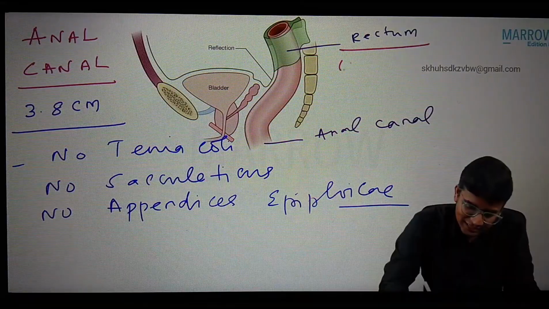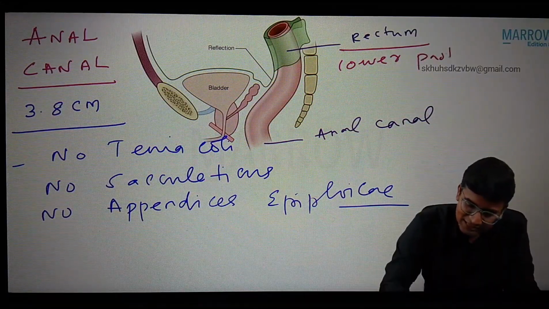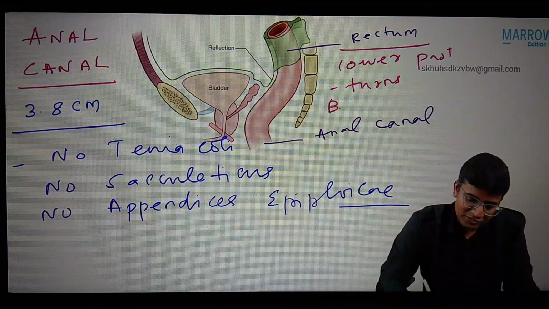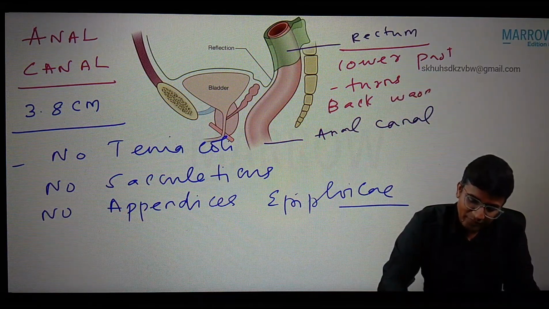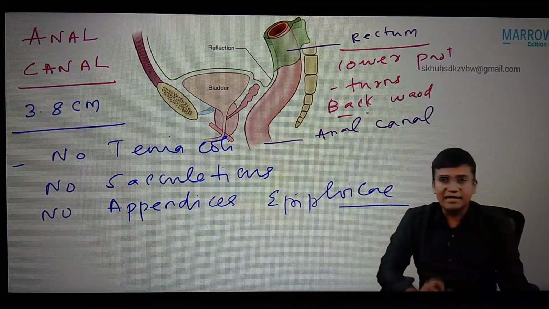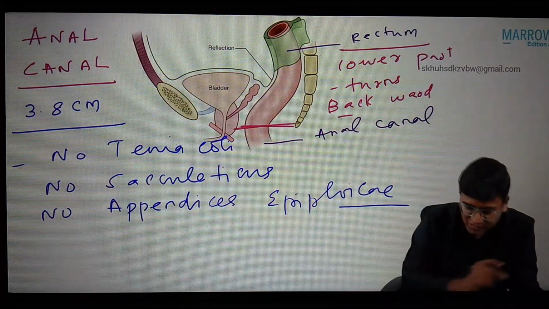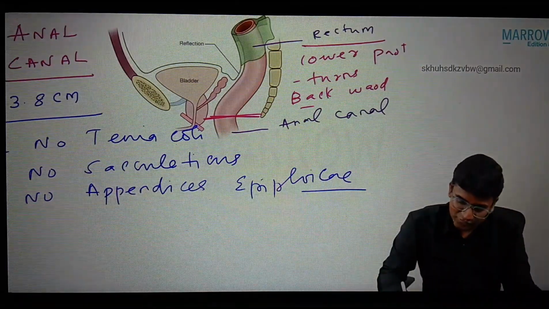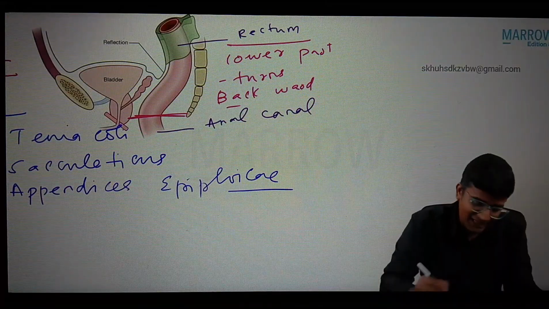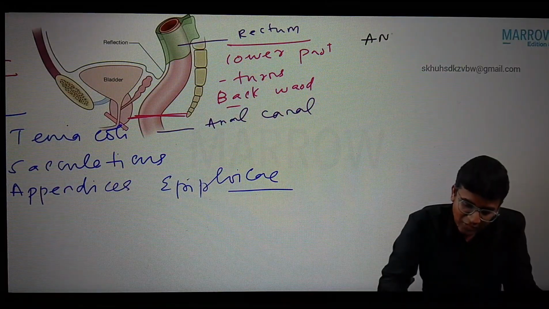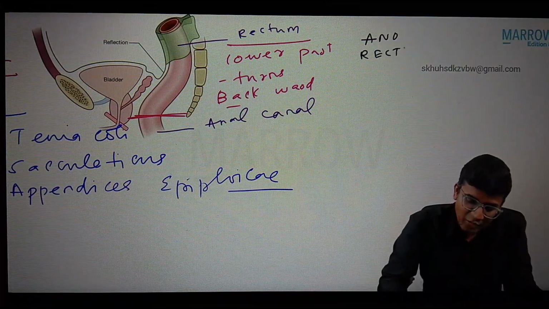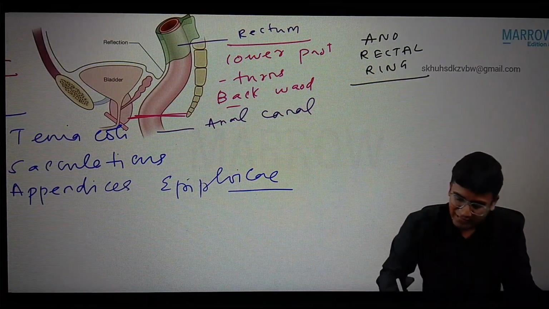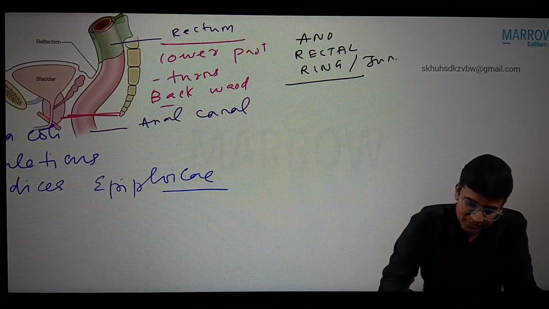So please write: the lower part of the rectum turns backward and continues as the anal canal. This point is called the anorectal junction, or anorectal ring. What I marked there is called the anorectal ring or anorectal junction; you can call it by either.